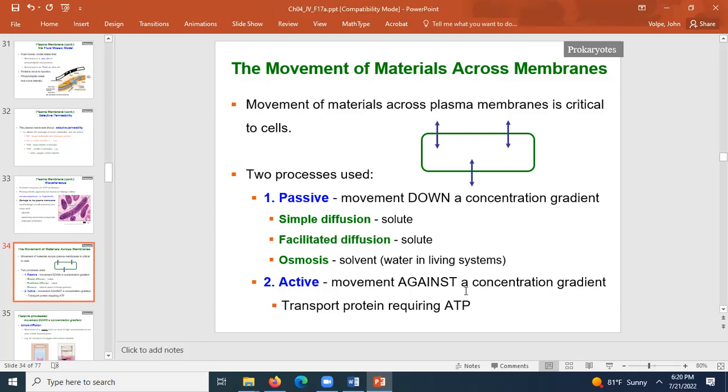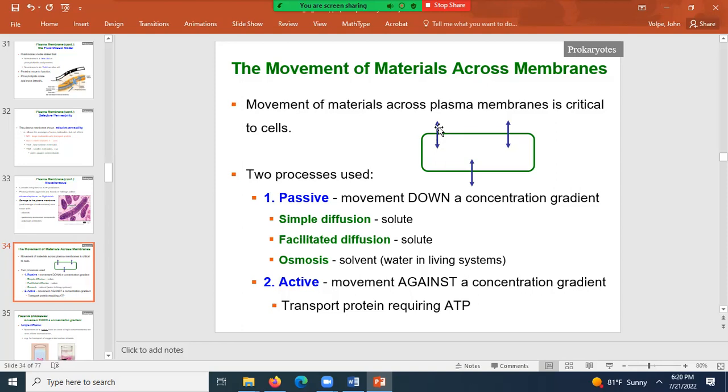The passive movement down a concentration gradient can happen in 3 different ways. The passive movement can be simple diffusion, where a solute moves from one side of the membrane to the next down its concentration gradient.